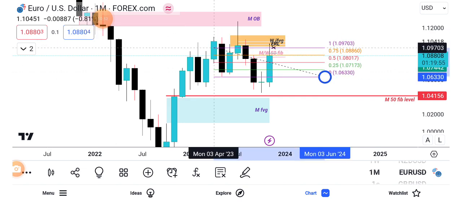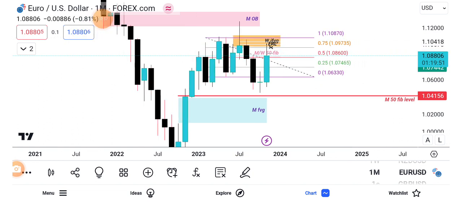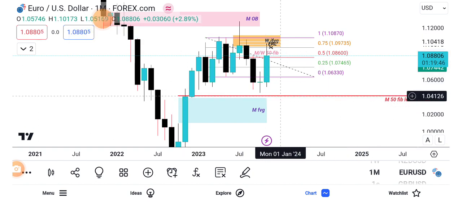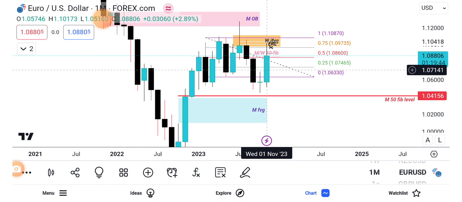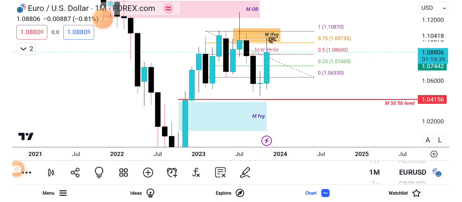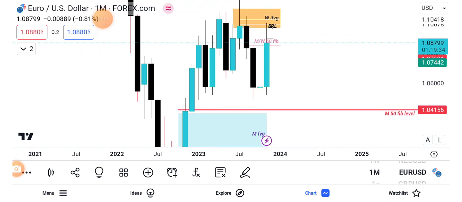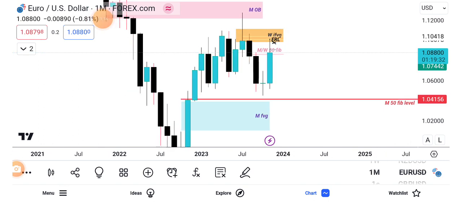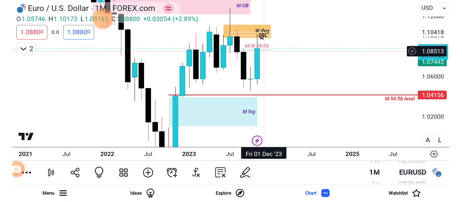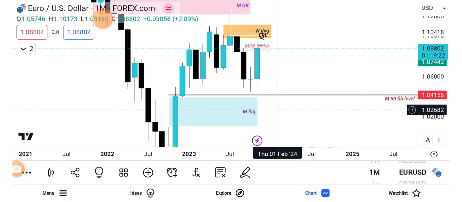So currently, as you can see, we are around the consequent encroachment of that, because this monthly candle has not yet closed, remaining with 1 hour before this month ends. So an hour remaining before we go for December, right? So I'm anticipating to see it close below the consequent encroachment. Then the next month, I'll be fully bearish, right?